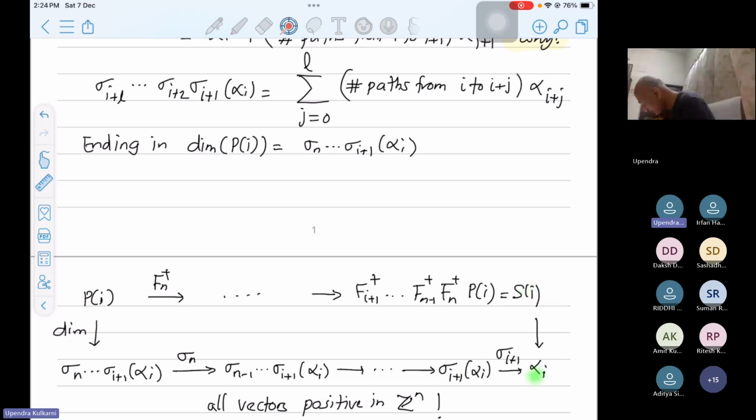But remember, the dimension vector over here is alpha I. That means what is sitting here is Si. So the upshot is that starting with Pi and applying Fn plus first, then Fn minus 1, all the way up to Fi plus 1 plus. Because remember, that is the last thing.